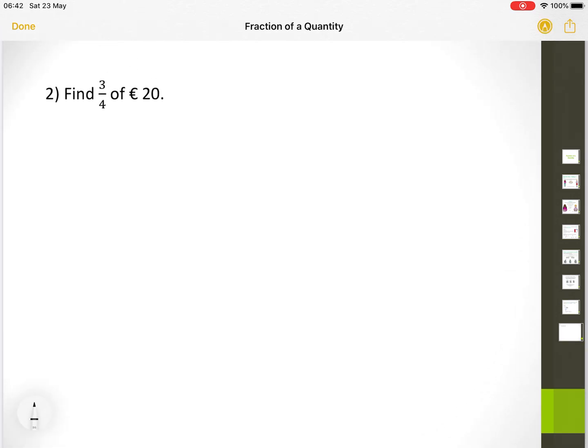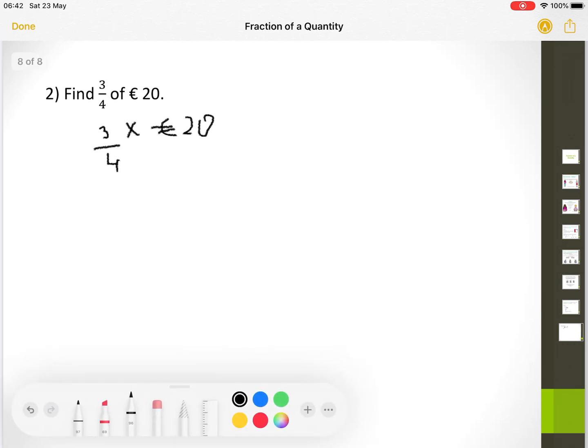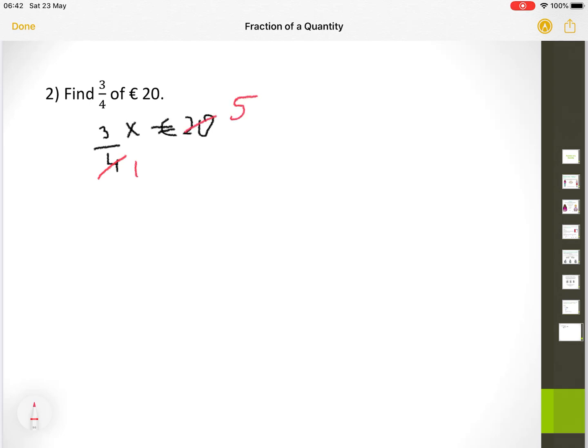We have 3/4 of 20. Instead of "of", I'm going to write down a multiplication sign. So 3/4 times 20. I can divide the top and the bottom: the 20 is on the top and the 4 is at the bottom. I can cancel them with 4 itself because both 4 and 20 are multiples of 4. 4 into 4 goes 1. 4 into 20 goes 5.